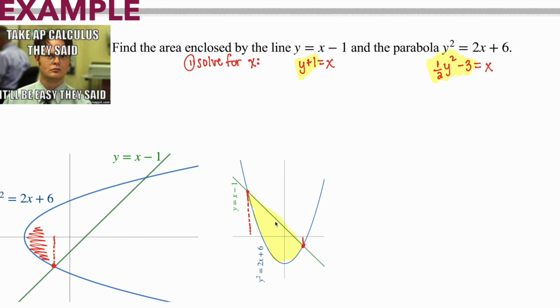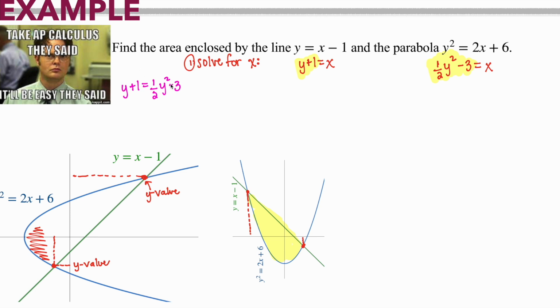But if we were to turn it 90 degrees, we are now looking at this right here. We are now curious what our y value is, and then here, we're wanting to know what our y value is. That is going to be the two parameters. So if I set these two functions equal to each other, I can figure out where they are intersecting.